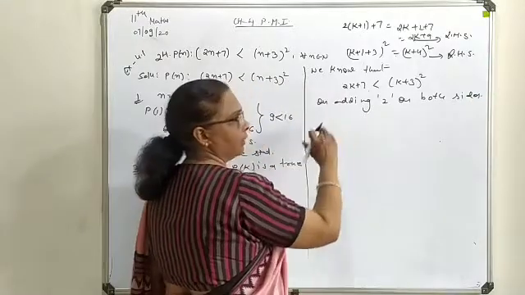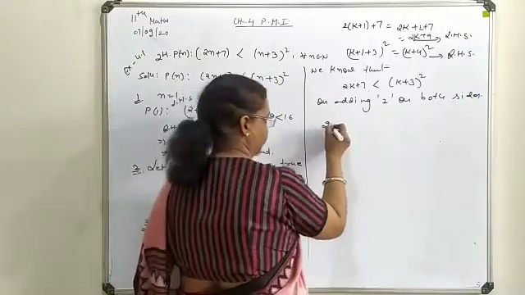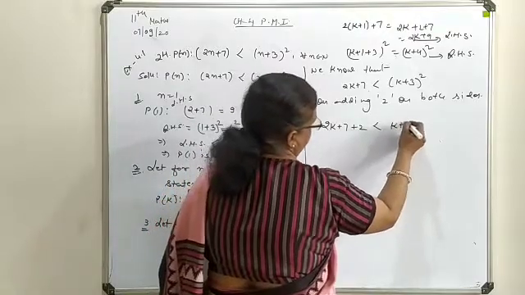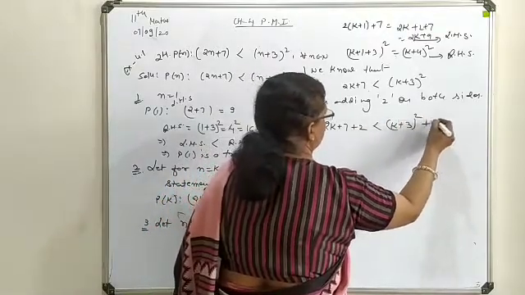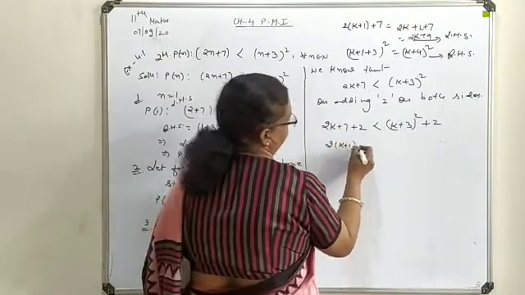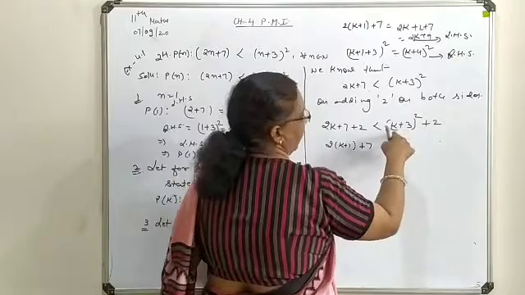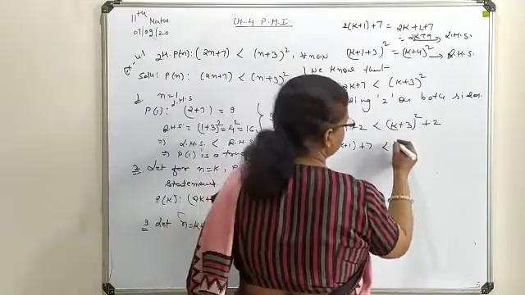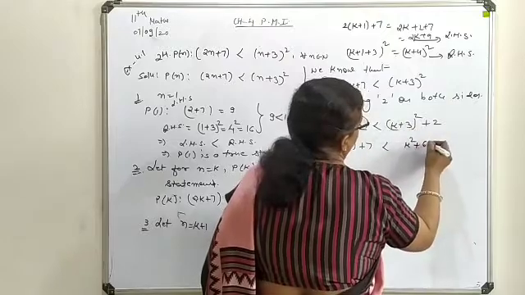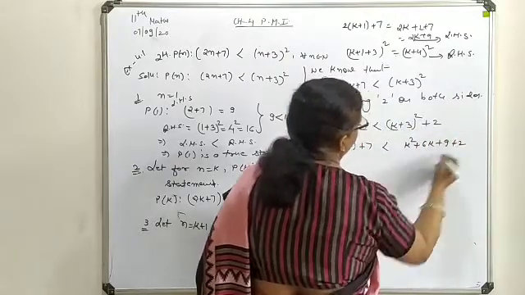This you can do because you are handling an inequality. Now this has turned into the required form, so keep it aside. Make it expand. It will give you 6k plus 9 plus 2.